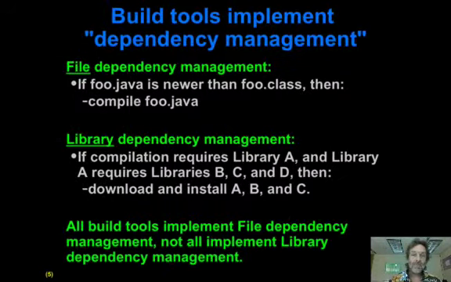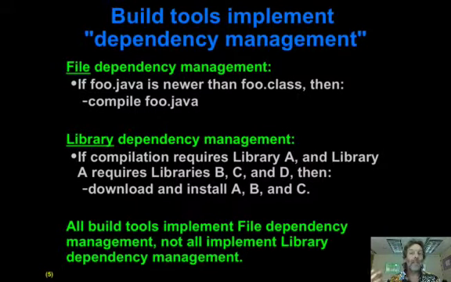Okay, so all build tools implement this idea of dependency management, but dependency management is actually kind of an overloaded term these days. So I want to really highlight two different uses of the term dependency management, because you're going to come across them both. The first level of dependency management is what I call file dependency management, and the classic example is the idea that if your source code is newer than the binary associated with it, then you need to recompile your source code.